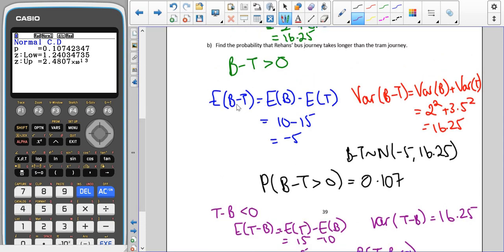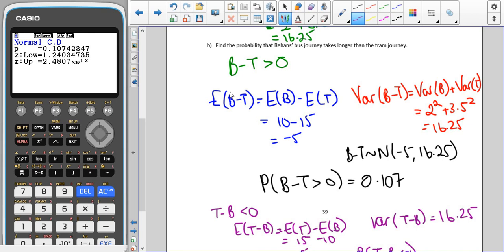So remember, whatever the sign is, you do that with your expected values, but you always add the variance. This is where a lot of people make mistakes. You always add the variance. Nothing is going to make your data less spread, other than multiplying by a fraction, but even then you're not thinking of it in that way.